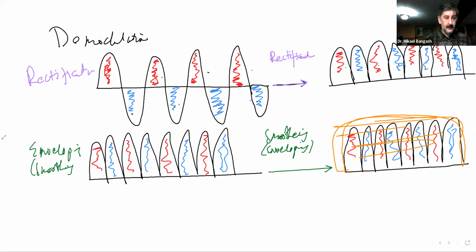As I said earlier, this is not adjustable, which means there's no knob that you can twist and turn to increase or decrease your demodulation.